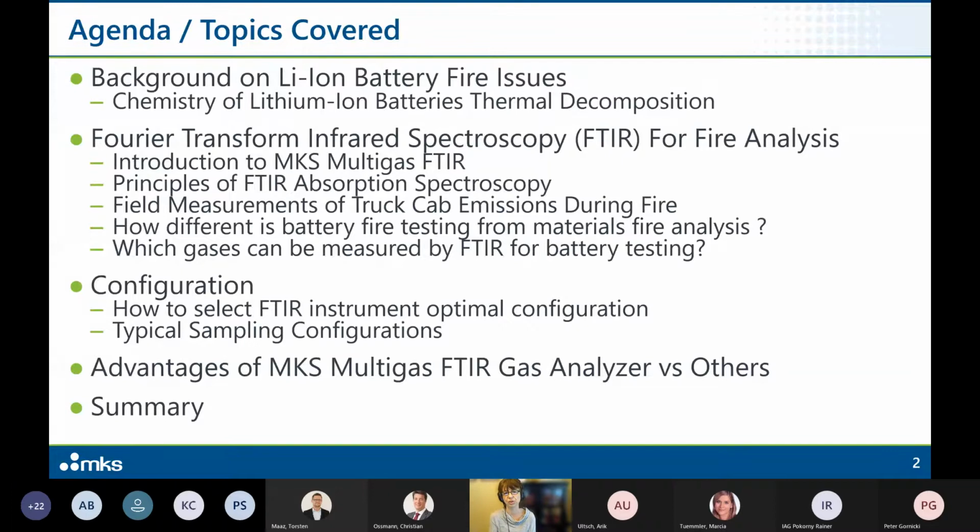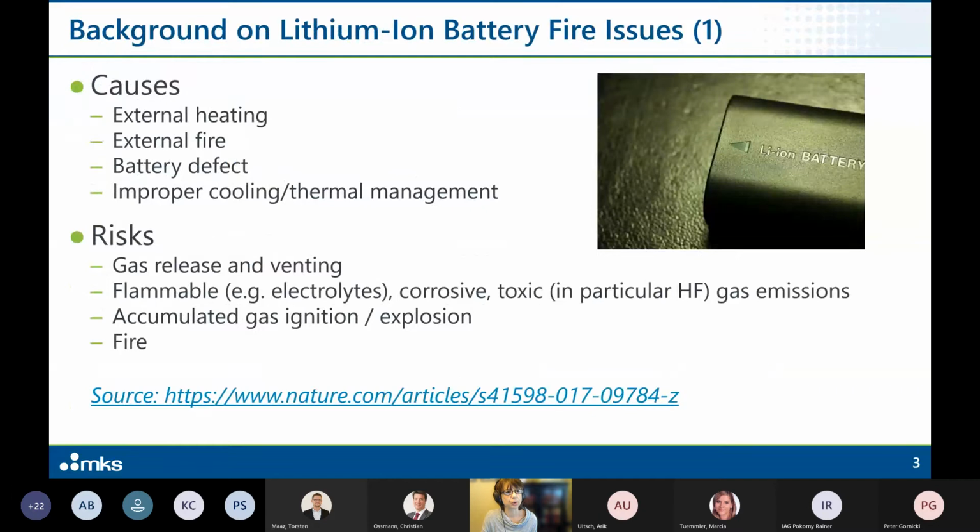Some were done with a fire on a truck cab that was set on fire, for which we had taken measurements. We'll also go through how battery fire testing is different from materials fire analysis, the gases that can be measured, and importantly the configuration of the instruments and sampling. And then some advantages of the MultiGas versus other FTIRs, in summary.